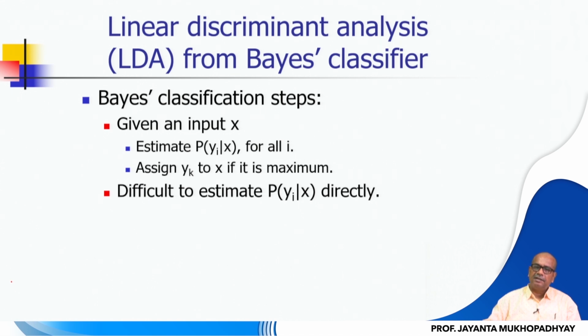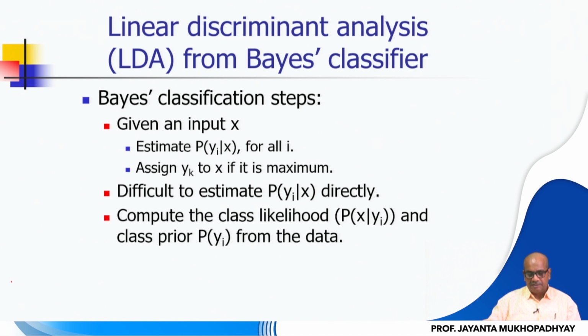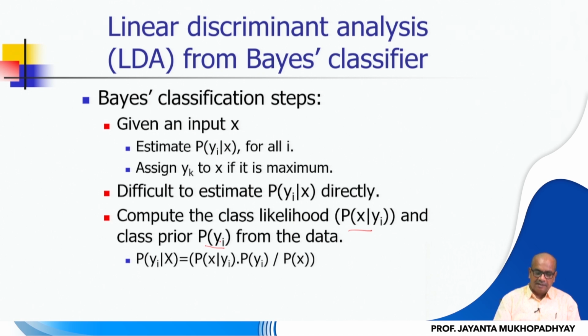So what we do is estimate the class prior and compute the class likelihood. And then the posterior is computed like this, with the numerator, and in the denominator the respective marginal probability.